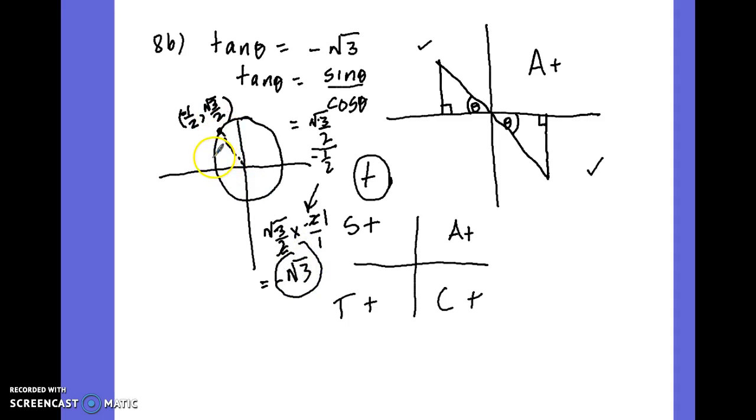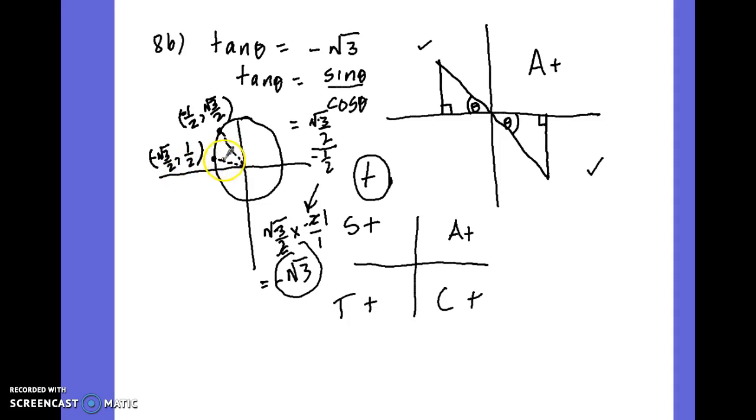I know there's another one down here which is similar on the unit circle, and you can use the unit circle for this. This one is going to give you 1/2 there. It's going to give you a negative root 3 over 2. And again, 1/2 and root 3 over 2, they're like first cousins.